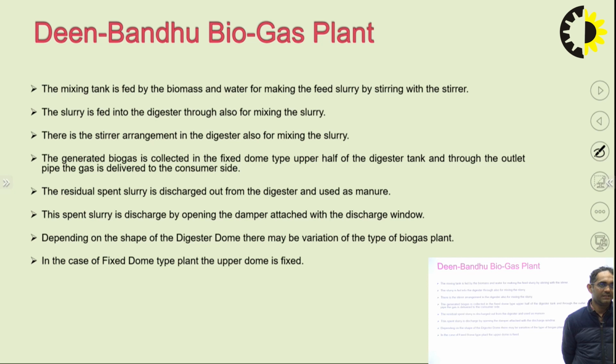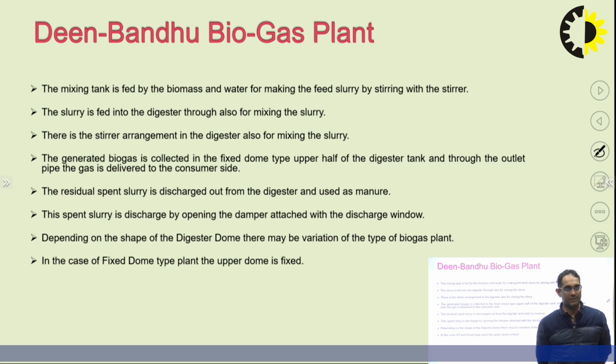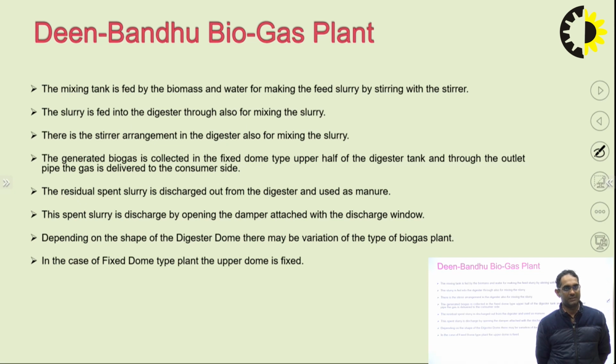The mixing tank is fed with the biomass and water for making the slurry, by stirring with the stirrer. The slurry is fed into the digester, and there is also a stirring arrangement in the digester for mixing the slurry. The generated biogas is collected in the fixed dome type upper half of the digester tank, and through the outlet pipe the gas is delivered to the consumer side.